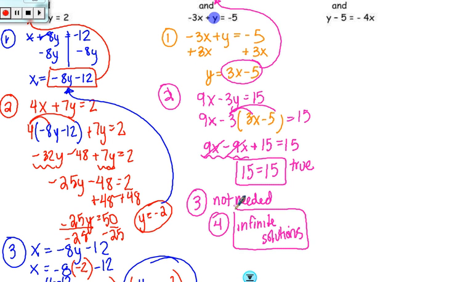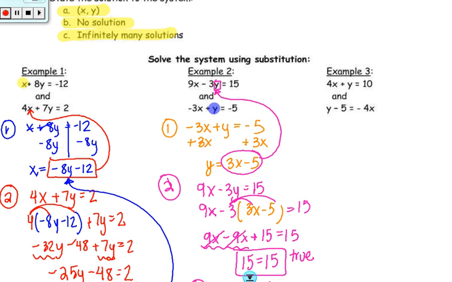So now let's look at the last example and see how we would do substitution on this one. The last example says 4x plus y equals 10 and y minus 5 equals negative 4x. Picking one equation to solve for one of the variables, you can either go with this y or you can go with this y. Either one would work.